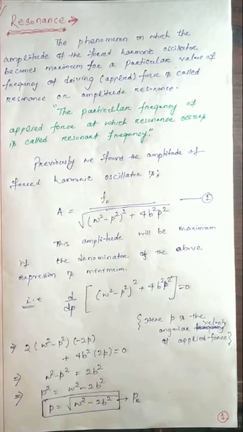Remember, any type of vehicle moving on this bridge is not a periodic force on that bridge. But if we provide a periodic vibration or force on that bridge, then the bridge will be in a position where it can break.